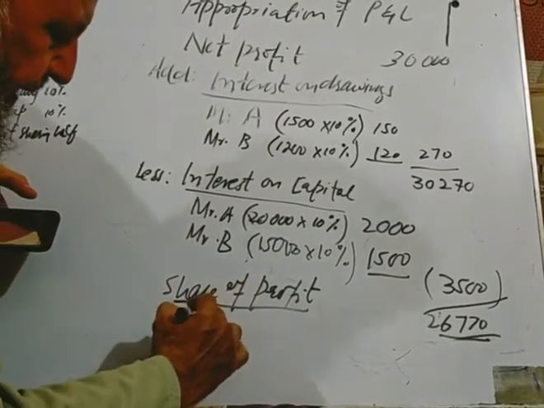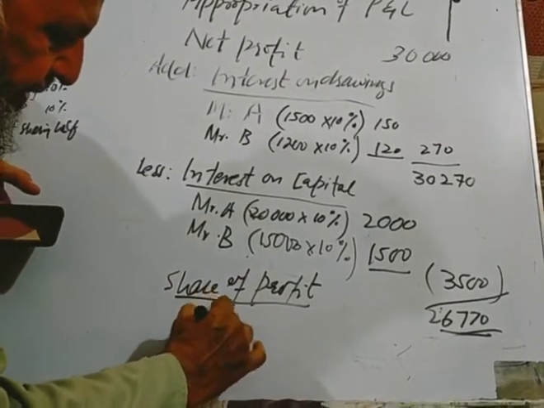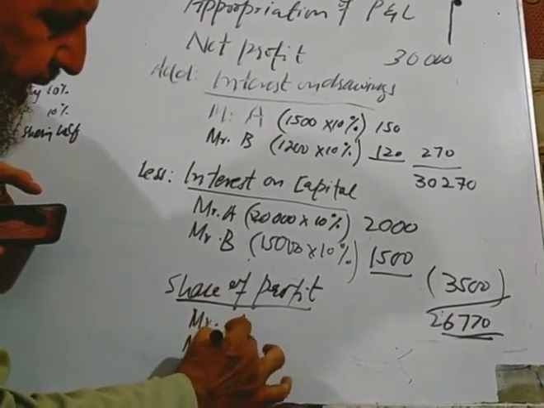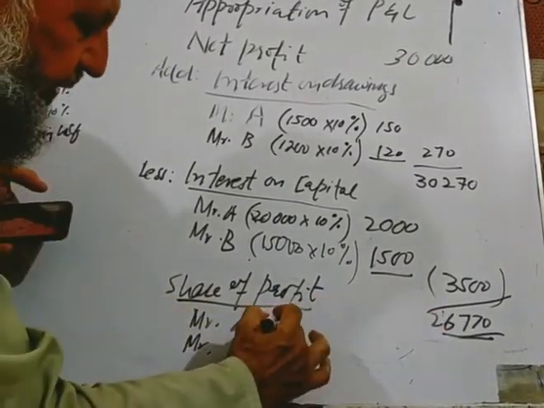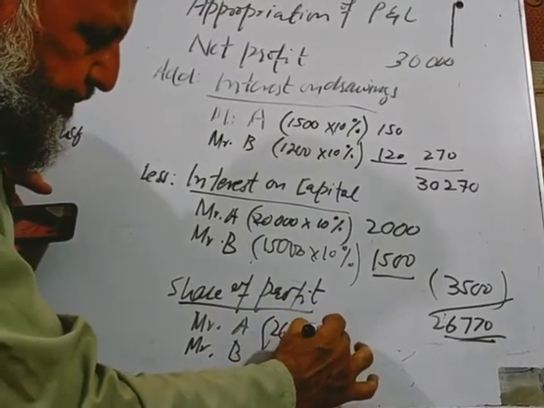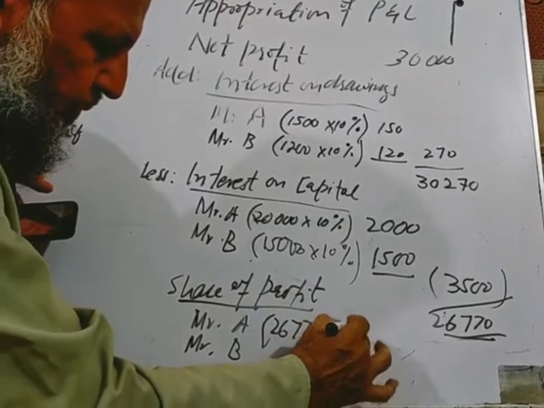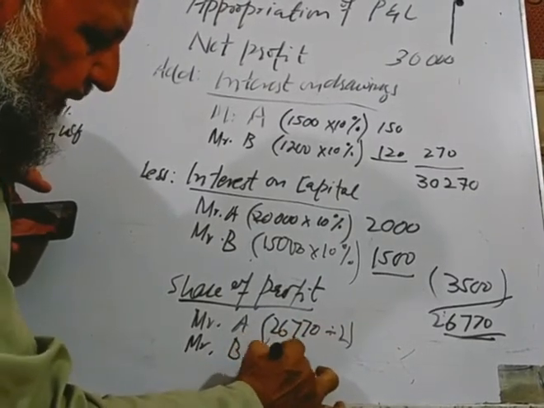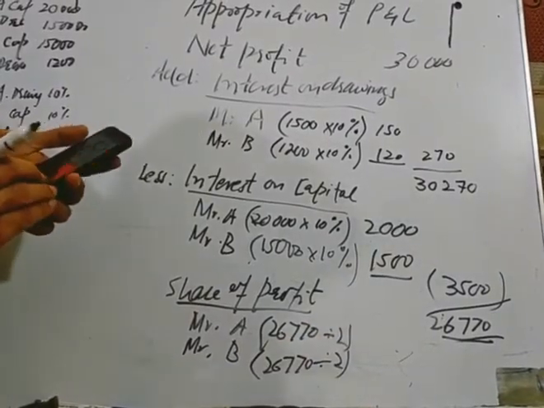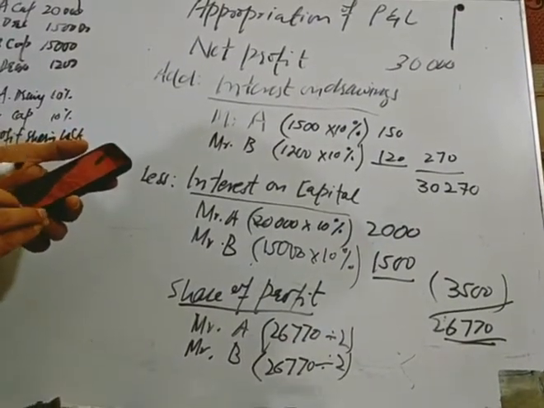So it means that we will give Mr. A half of this and Mr. B also half of this. So 26,770 divided by 2.